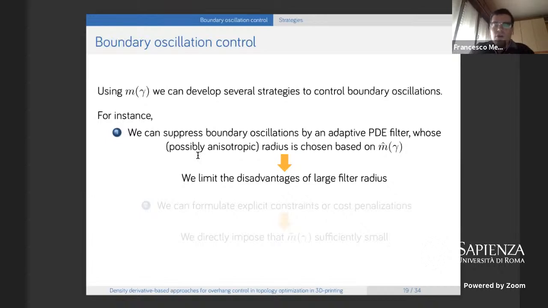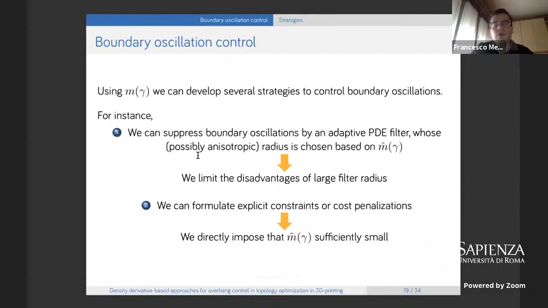What we can do with our measure of boundary oscillation is to proceed in the same way conceptually, but use our measure in order to use a large filter radius only where and when it is needed, thus limiting the disadvantages of a large filter radius.